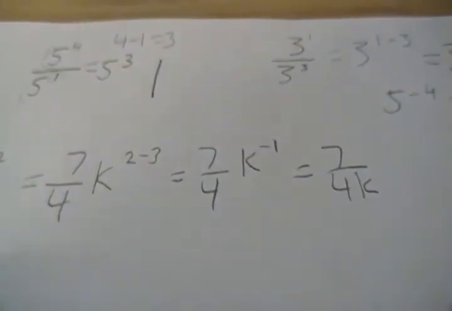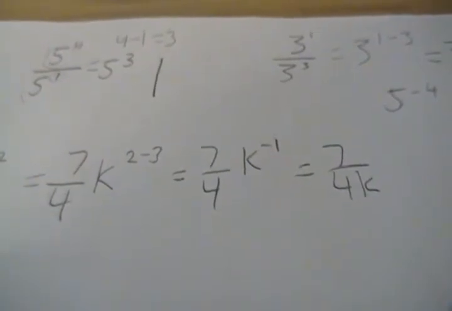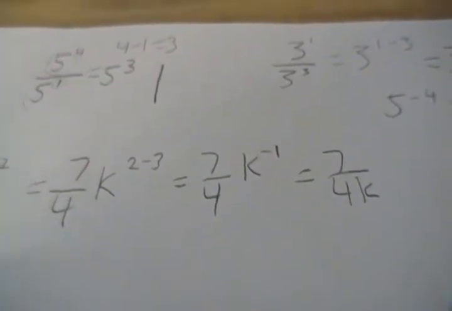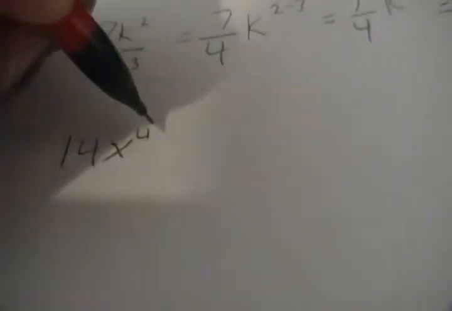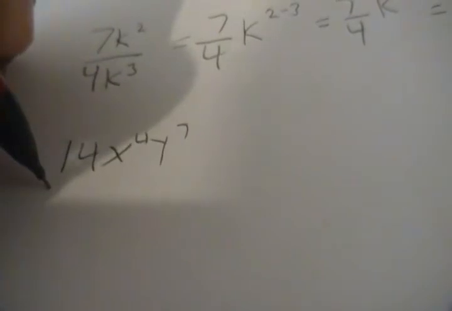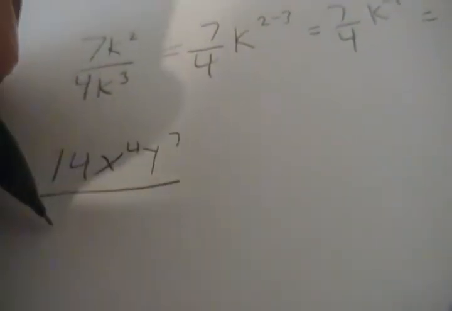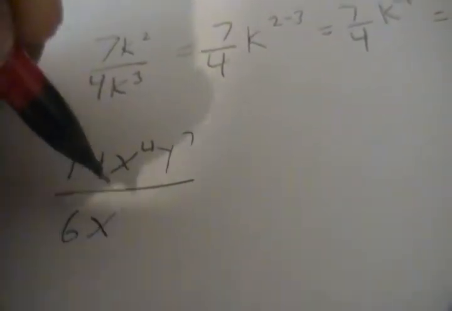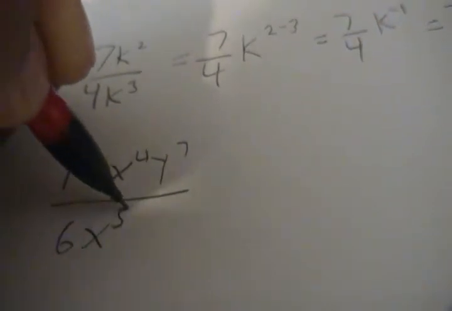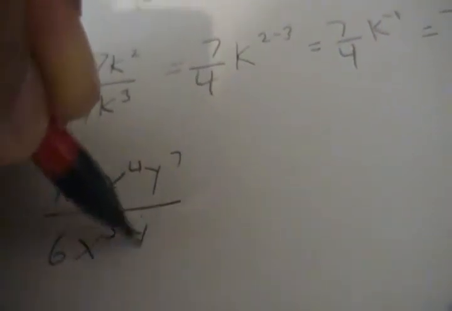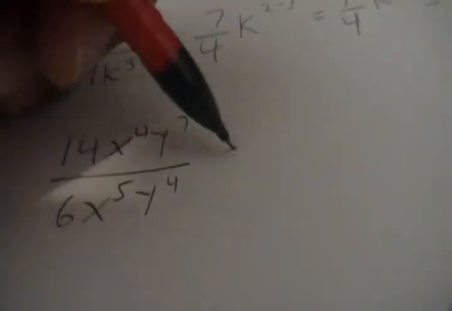Let's try another one. Let's try 14 x to the 4th y times y to the 7th over 6 x to the 5th times y to the 4th. Let's see if we can divide these.